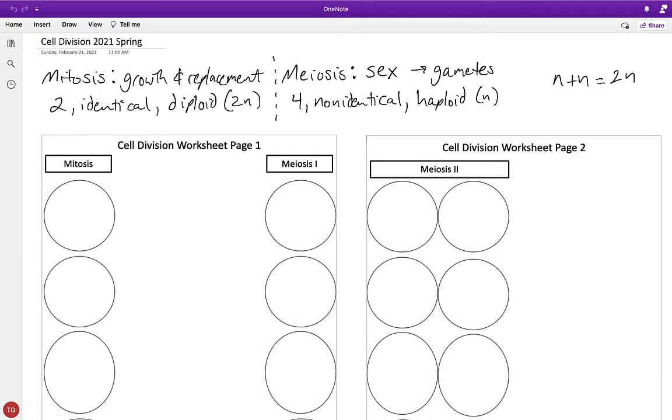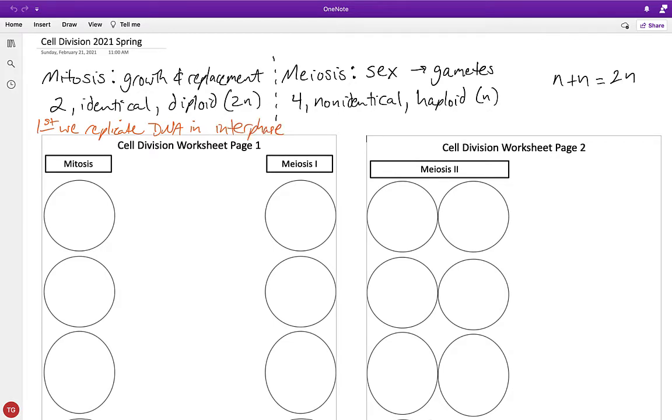Now, prior to mitosis, during what we refer to as interphase, we need to replicate DNA. So I'm just going to say that first we replicate DNA in interphase.